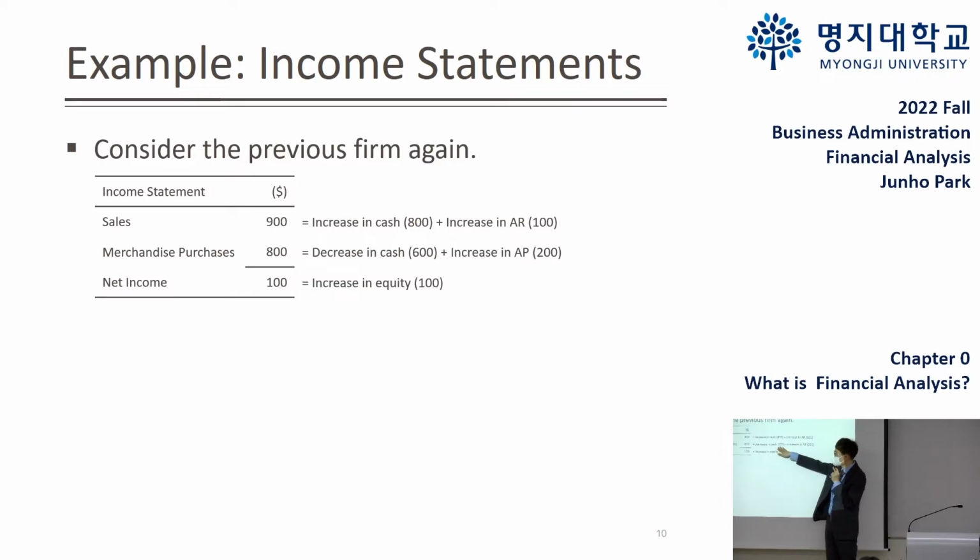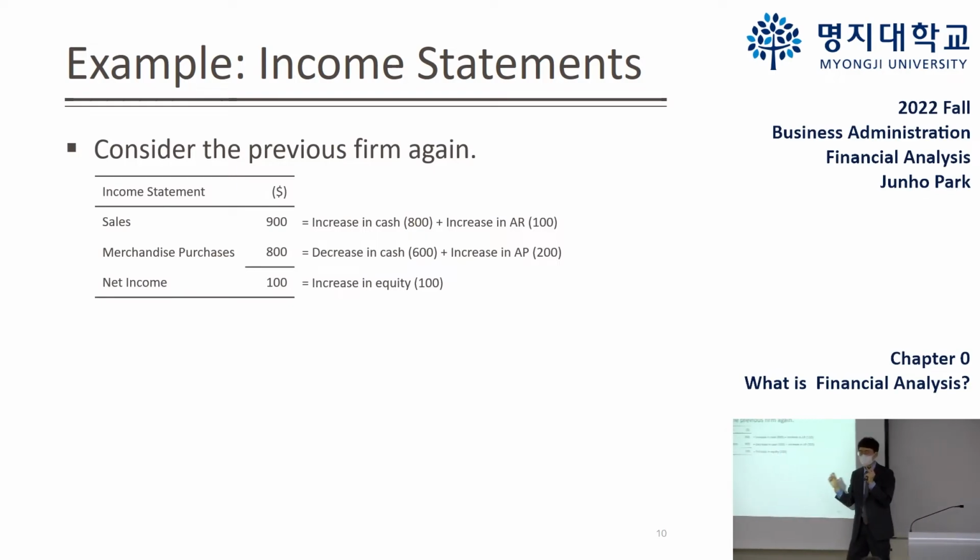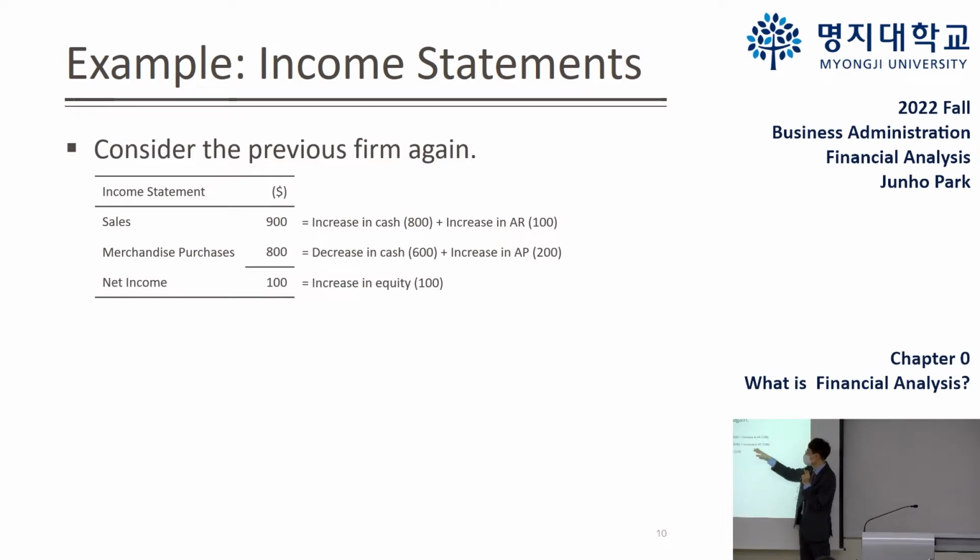And for this second item, merchandise purchases, why is it an expense? Because it is composed of a decrease in cash of $600 and an increase in accounts payable, which is an increase in liabilities. So again, my definition is true for this case.